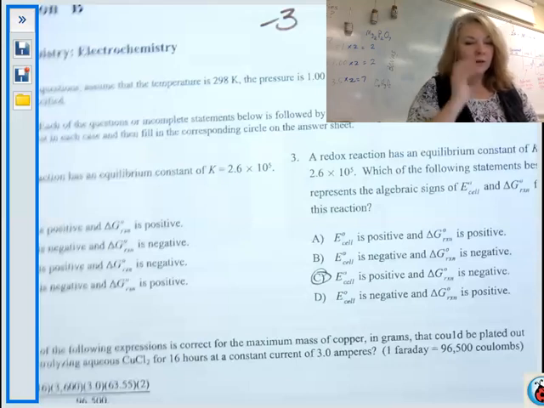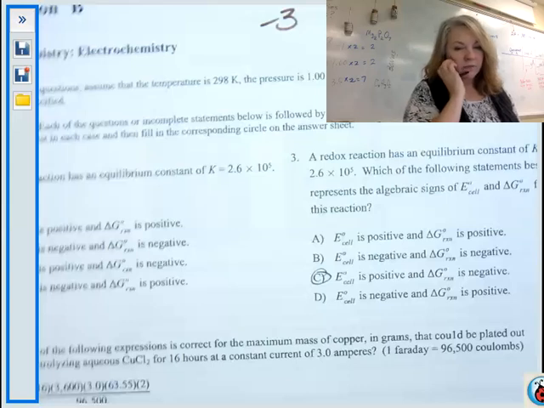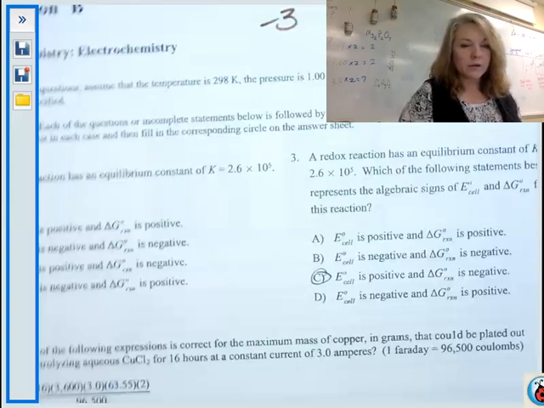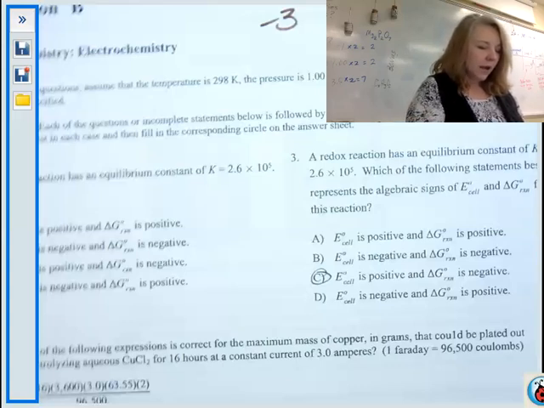Now, on number 7, I should have given you credit for either. Let's double check and see what this asks. It says, which of the following mathematical relationships is represented by the letter B? So if I'm going from E of the cell to K, or from K to E of the cell, I can use, really, I need to use C, but why did I circle B for hers?